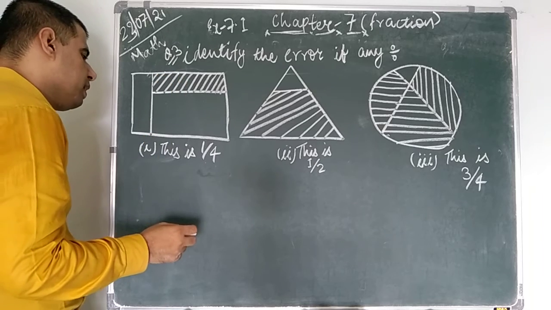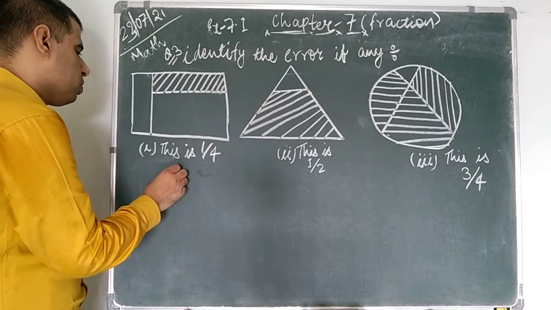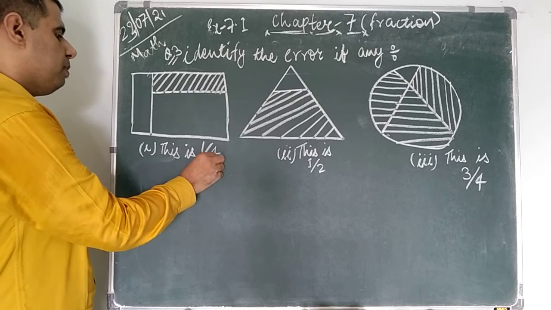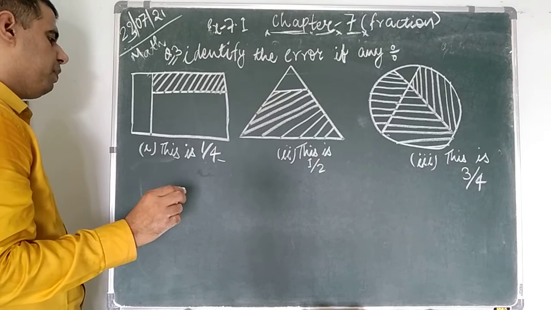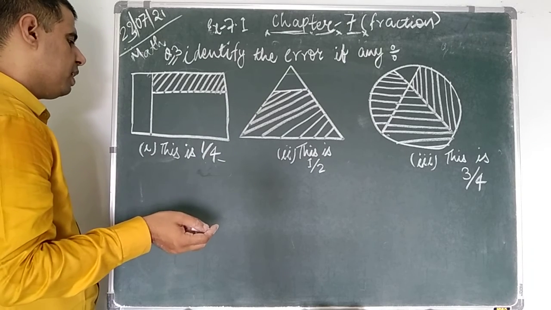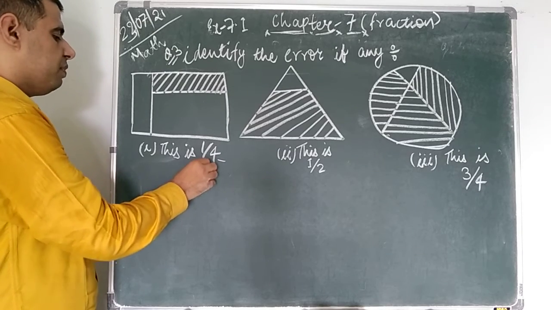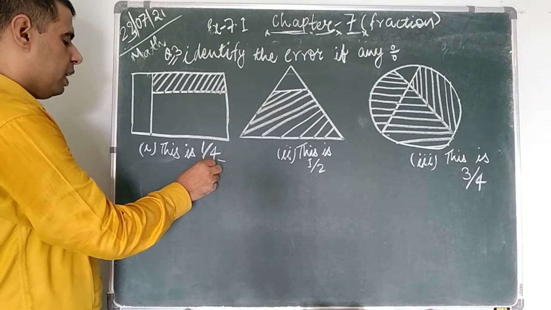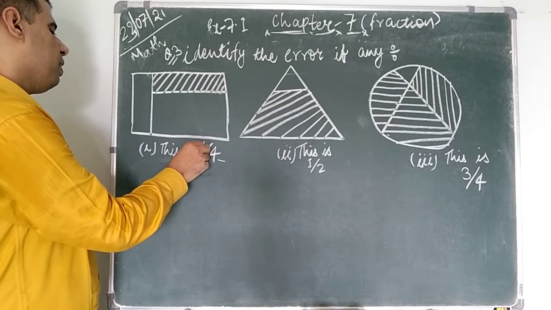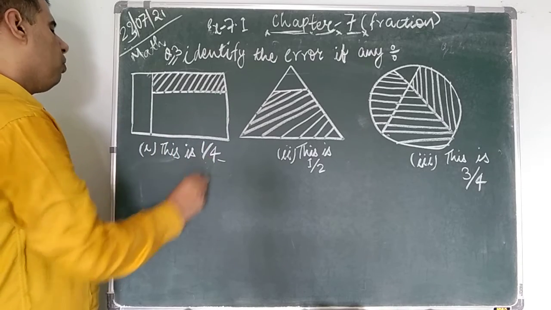So student, the answer will be it is wrong because when we say 1 by 4 of any figure or any shape of the object, we mean that the figure has been divided into 4 equal parts and one represents a single part out of 4 parts.